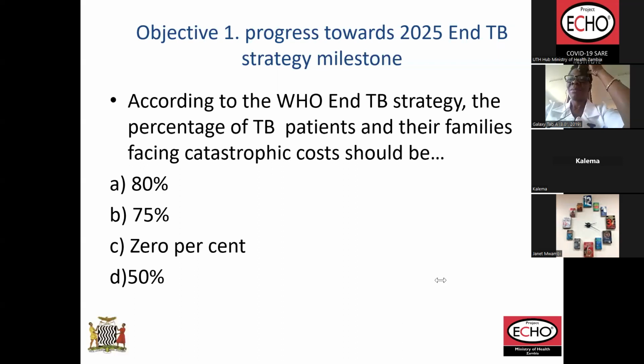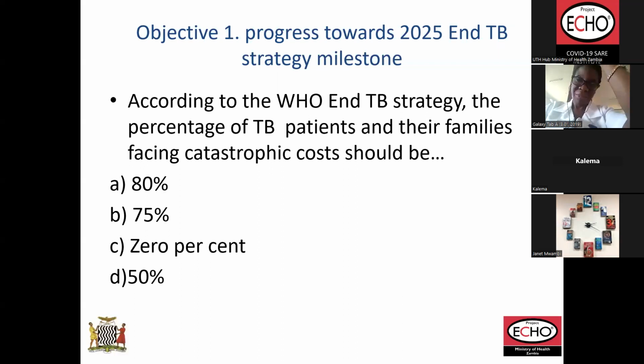So Dr. Mubanga, the majority of the participants, 67%, think that no family should face catastrophic costs due to TB, while 11% think 75% of TB patients and their families should face catastrophic costs, 13% of the participants think 80% should experience that, and 8% think the answer is D at 50%.